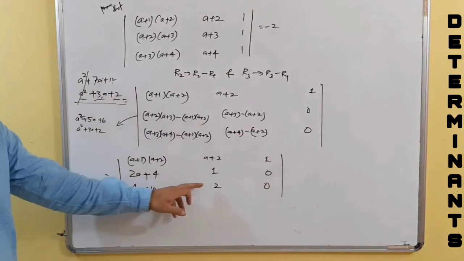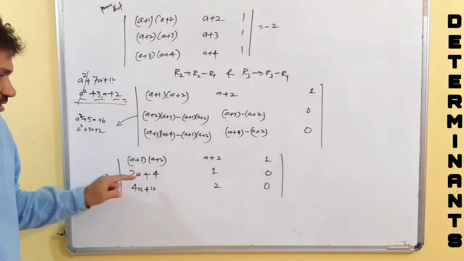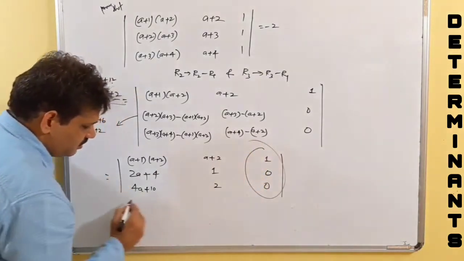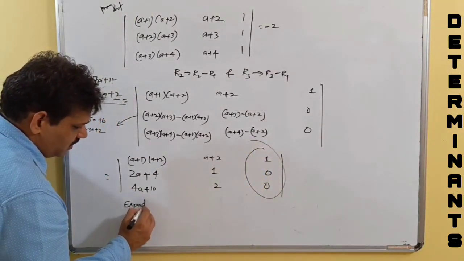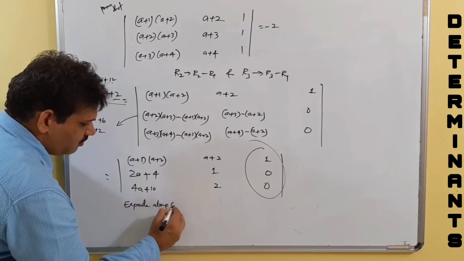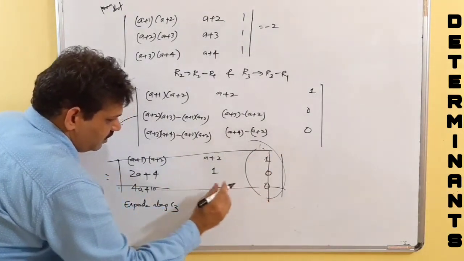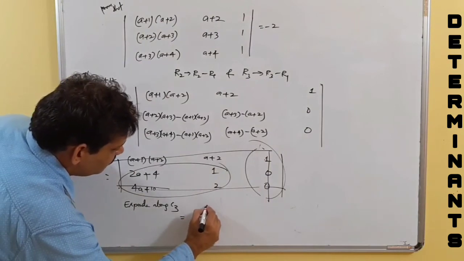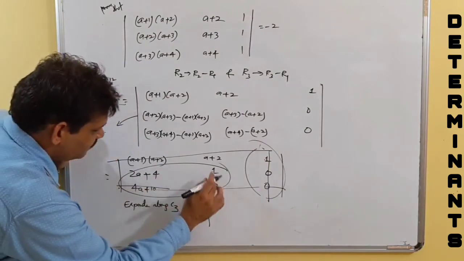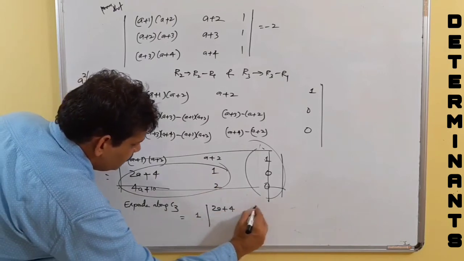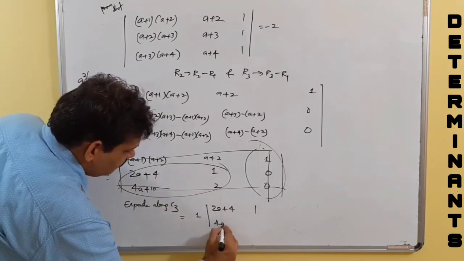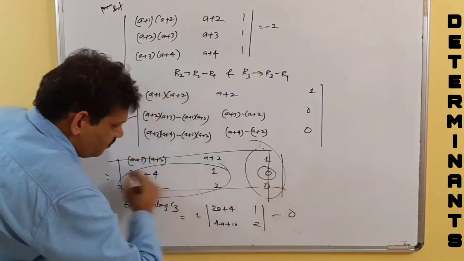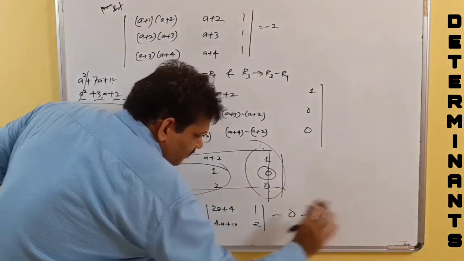So either we can expand or we can make one more 0, or we can take something common if there is. Now let's expand along C3. Expanding along C3, 1 times 2a plus 4, 1, 4a plus 10, minus 0 times all 0 plus 0 times, it will give us 0.